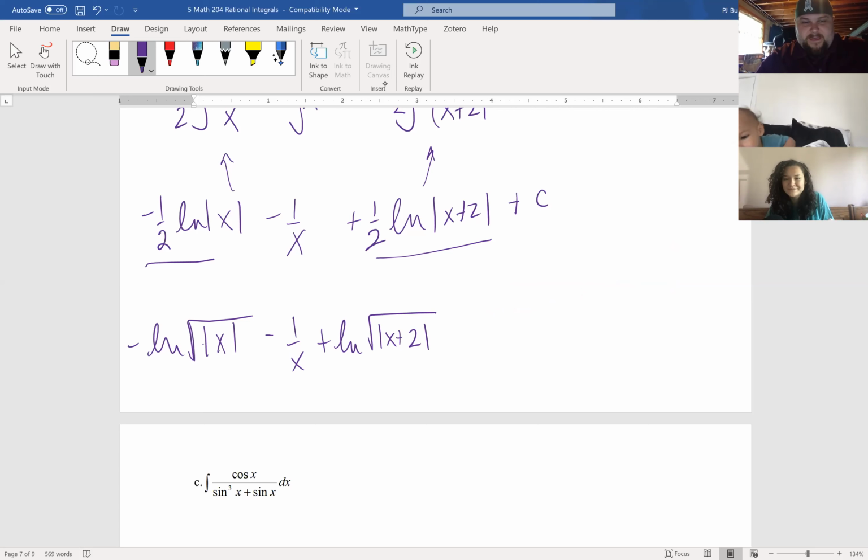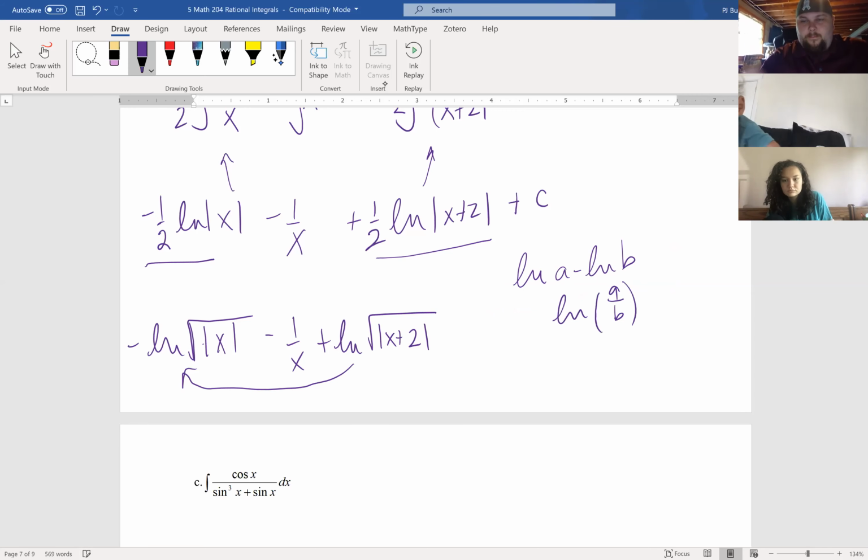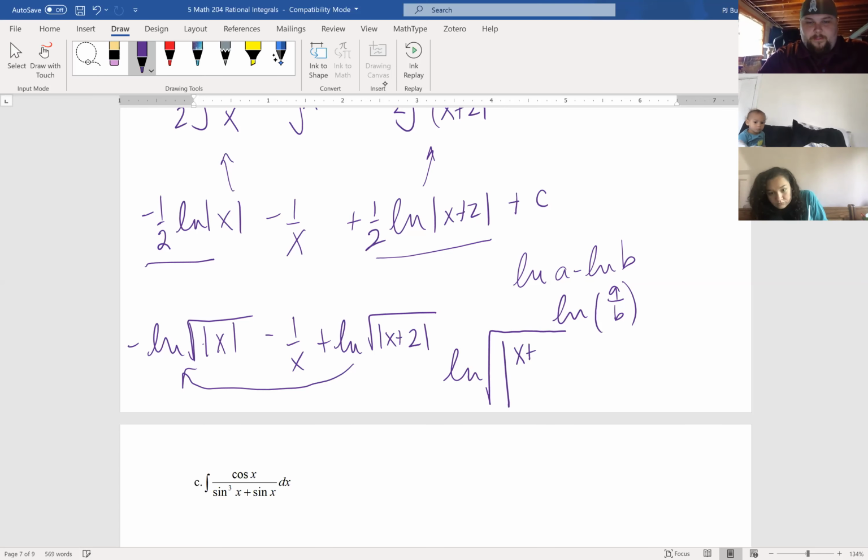And the reason I did that is because now I can put these two logs together. There's another rule that says the natural log of A minus the natural log of B is the natural log of A over B. And so I can rewrite that as natural log square root, absolute value, plus C in there.